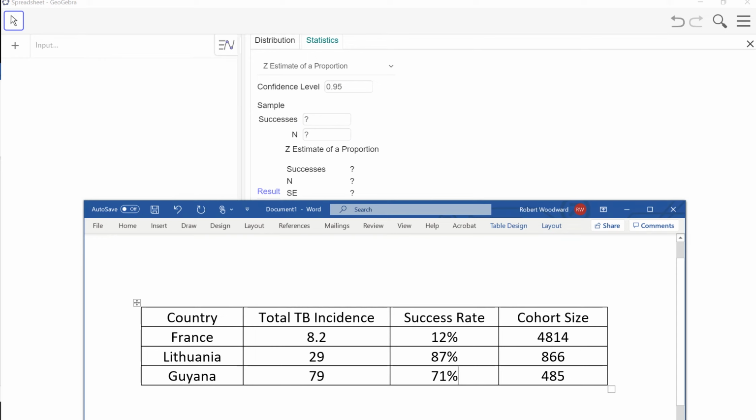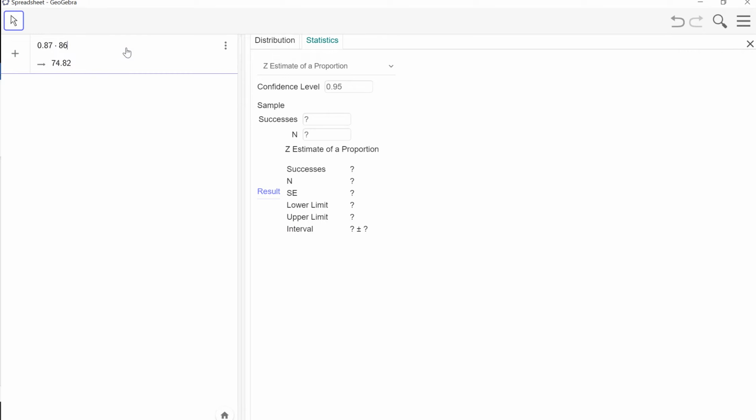For example, if I have Lithuania, their cohort size is 866. That's going to be my sample size. For the number of successes, I will take that success rate and multiply it by the cohort size. So 87%, or 0.87 times the cohort size of 866, I expect about 753 successes.